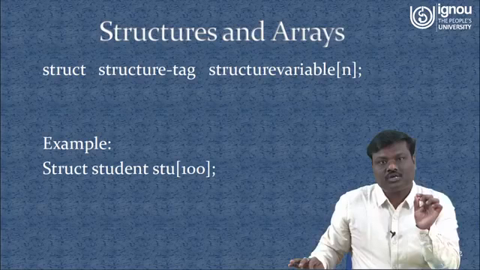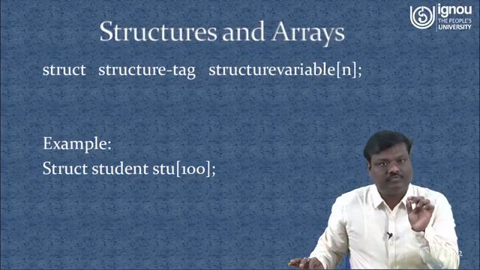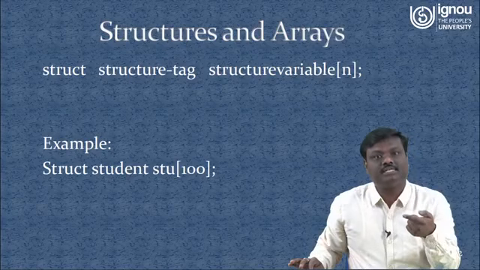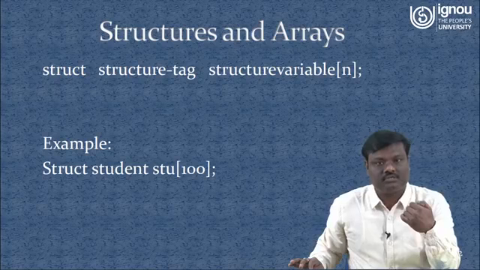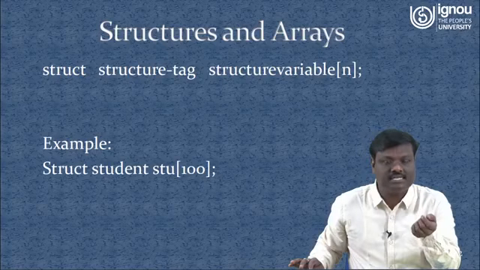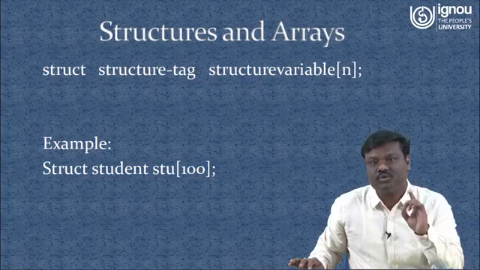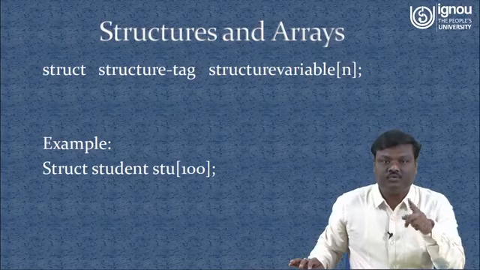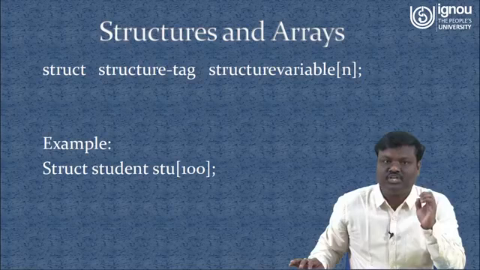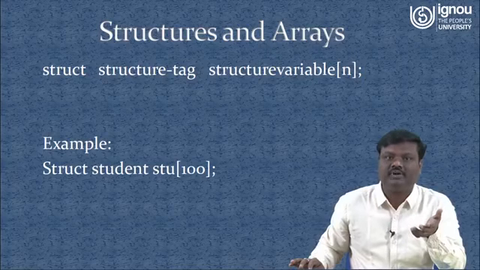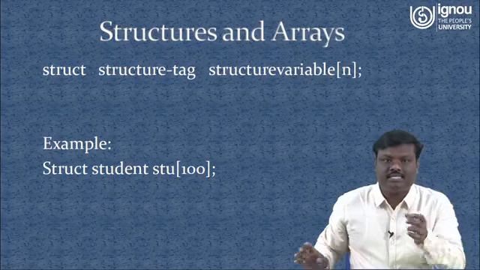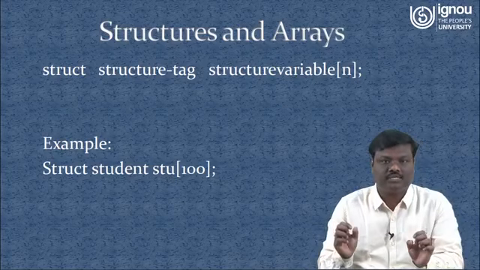Whenever we talk about structures and arrays, if you want to take the data from the user, what will you be doing? It is a single dimensional array, so you have to put one simple loop. In order to take the inputs from the user, you initialize a for loop or a while loop, put the index and set the limits 0 to 99.